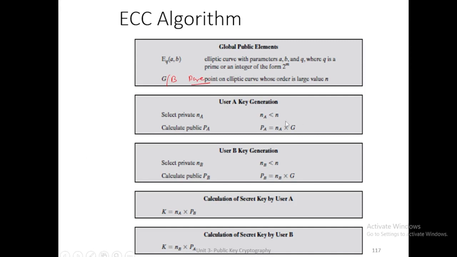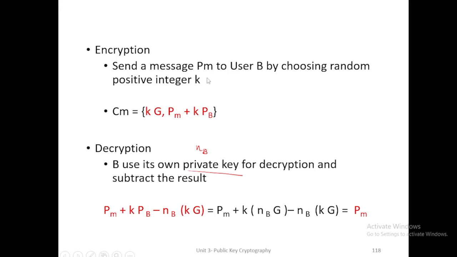Then NA and NB values are given. In your problem, they will give the NA value and NB value. You only calculate PA and PB by yourself. The formula is PA equal to NA into G, PB equal to NB into G. And you cross verify the secret key value K. Then for the encryption process, K is the calculated secret key value.